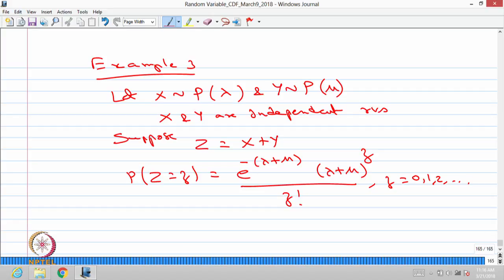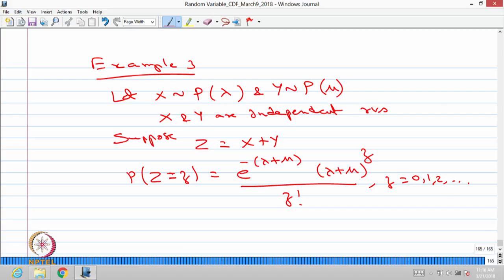I am not giving the derivation; you can do the similar derivation of the previous example. You can get the probability mass function of Z in this form. Other than these z values, it is going to be 0.